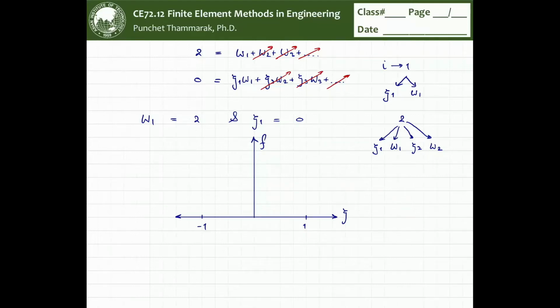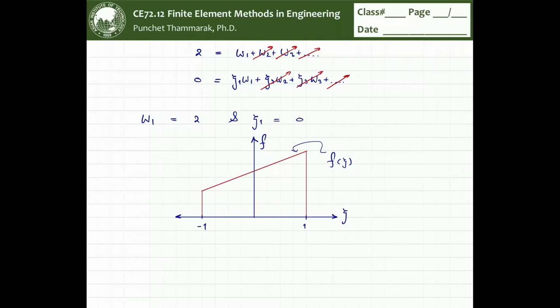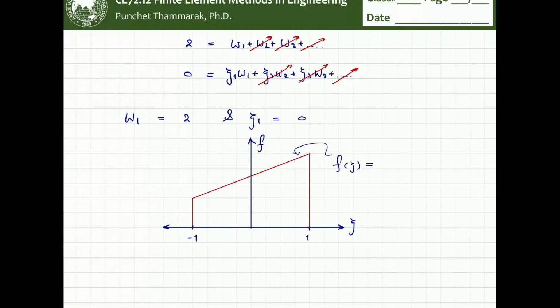So we have this is your function f of c that is equal to, what is this point of intercept?